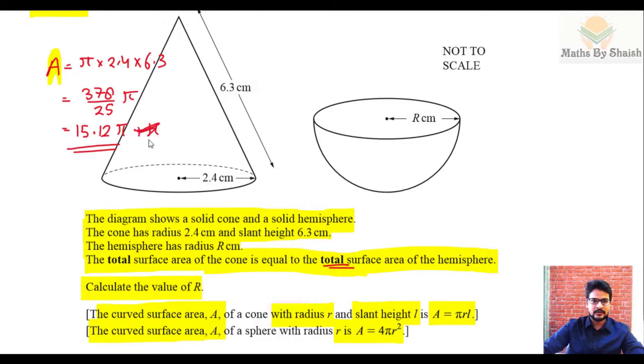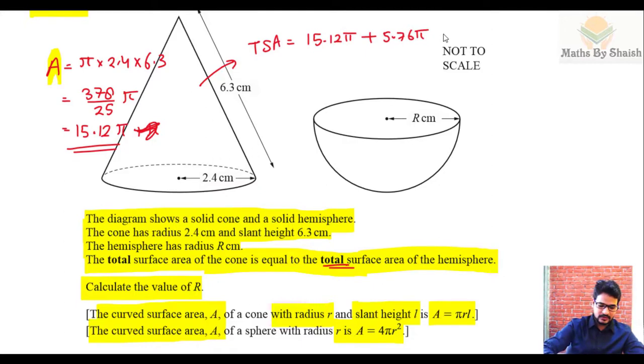So the total surface area, TSA, becomes 15.12 pi plus pi times 2.4 square, that is 5.76 pi. We'll add this to 15.12, so the total value becomes 20.88 pi, and that is the total surface area of the cone.